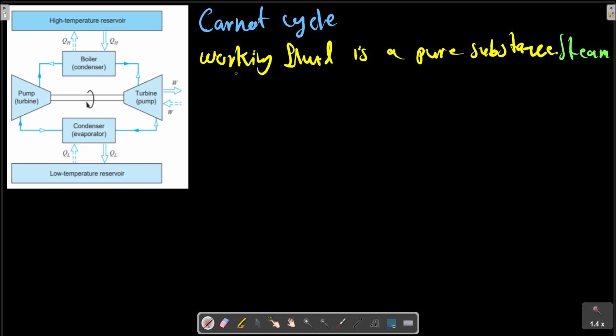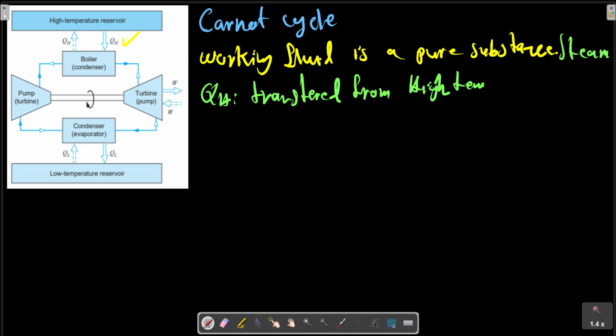Heat QH is transferred from the high temperature reservoir to the water stream in the boiler, as shown in this picture.